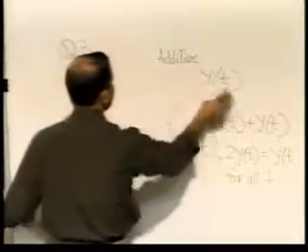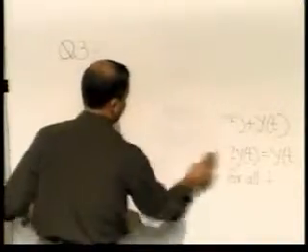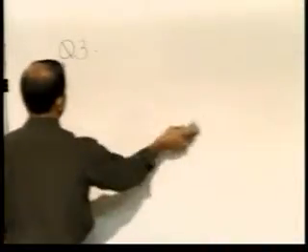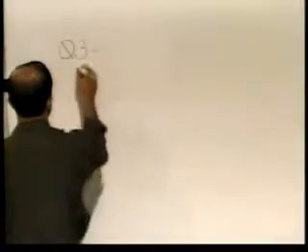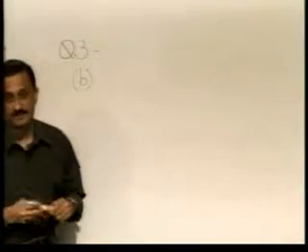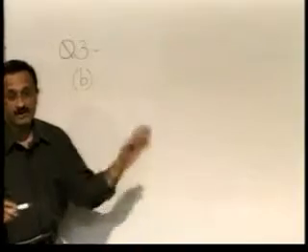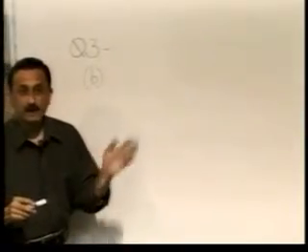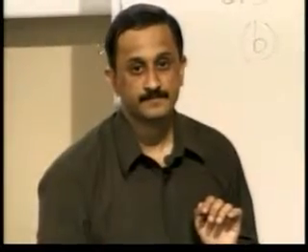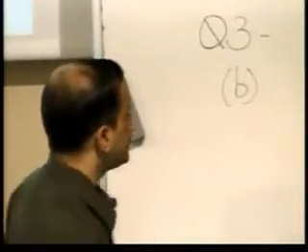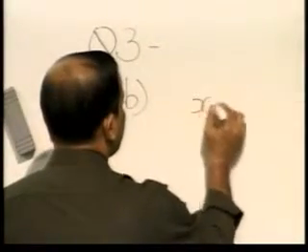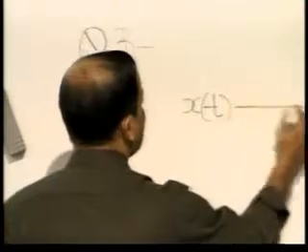Now let's take part B. Here you are required to show that if a system is homogeneous, just homogeneous, not necessarily additive, even so, an all 0 input results in an all 0 output. So let's take the situation. Suppose x(t) produces y(t), the system is only homogeneous.